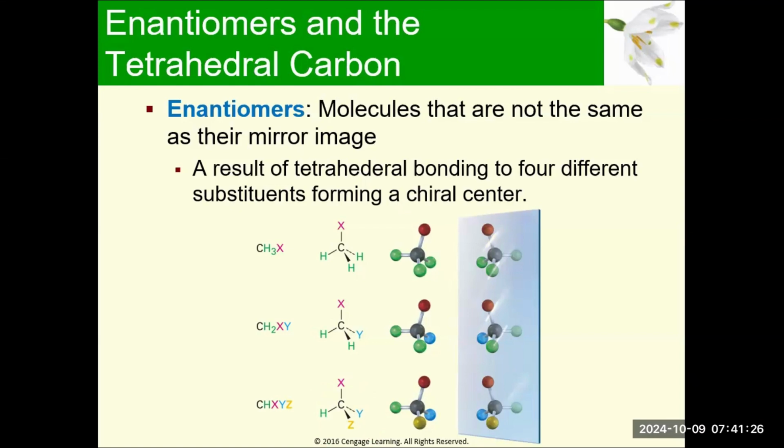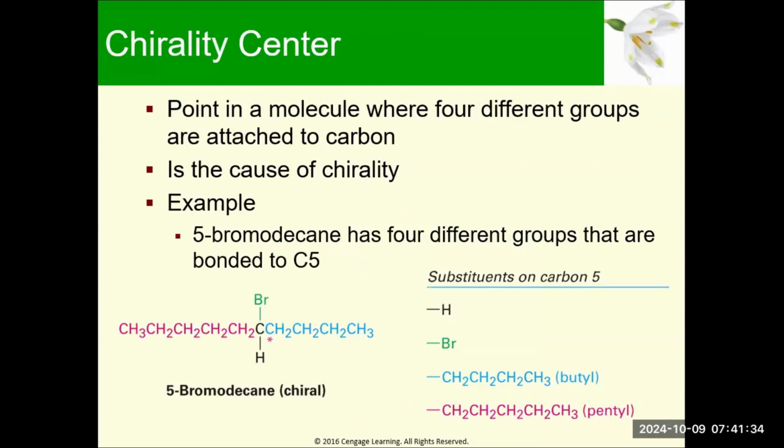So what's a chiral center? A chiral center is a result of carbon being bonded to 4 different things. All right, so now let's look at this here. In a molecule, the point where 4 different groups are attached to a carbon is the cause of chirality. So let's look at this here.